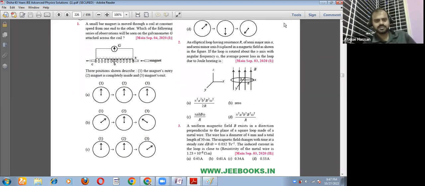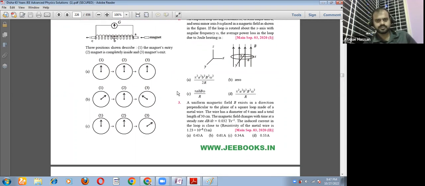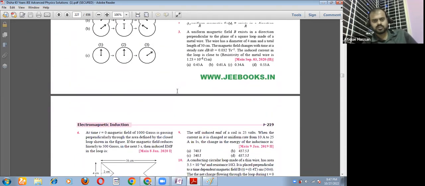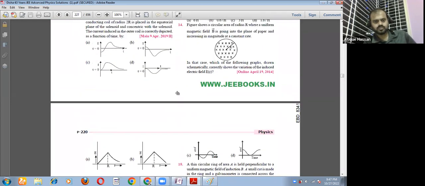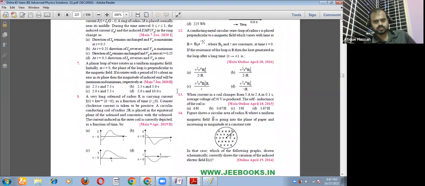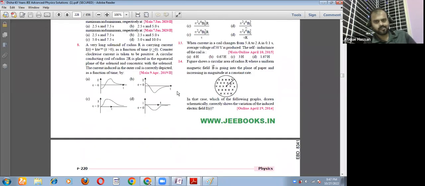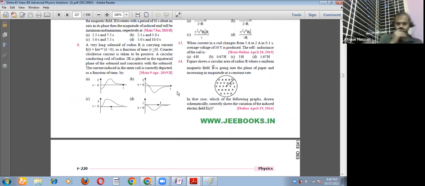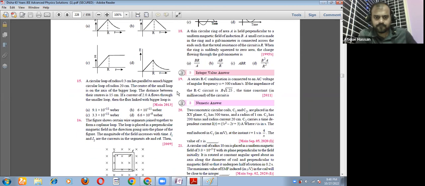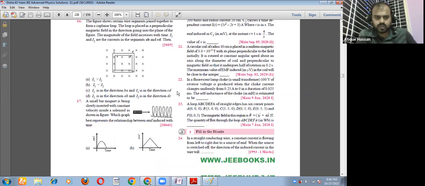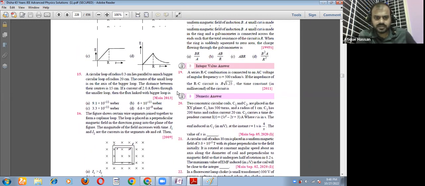Our answer becomes B. Now moving to the next question. Question 7.